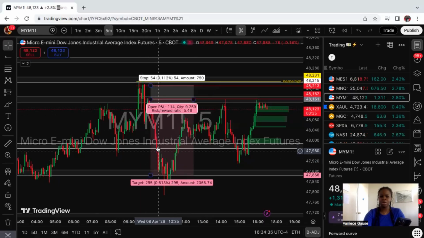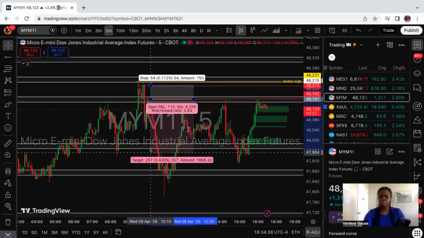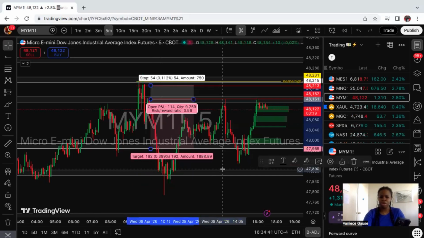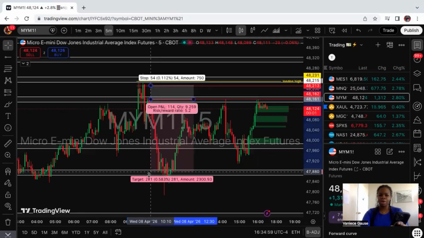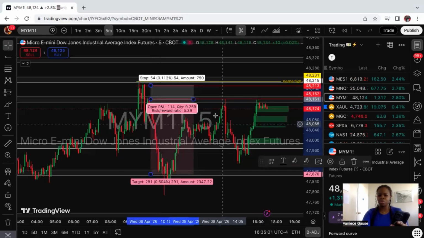So right here, your next particular zone would have been right here at 10:30 a.m. Boom. And you would have gotten out of that trade with a risk to reward of 1 to 3.56, meaning for every dollar I risk, I will make $3.56, right? And on the contrary, I would lose $1 if I was wrong.